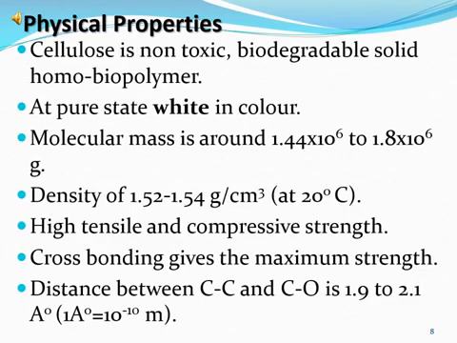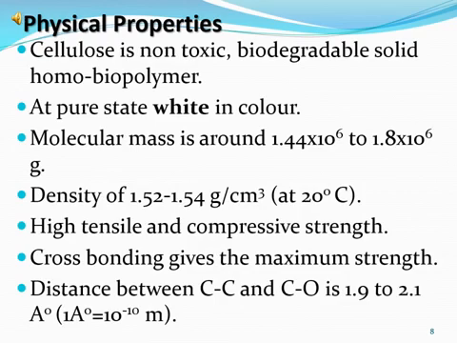Physical properties of cellulose. Cellulose is a non-toxic, biodegradable solid and homobiopolymer. In its pure state, it is white in color. Molecular mass is around 1.44 × 10^6 to 1.8 × 10^6 gram.